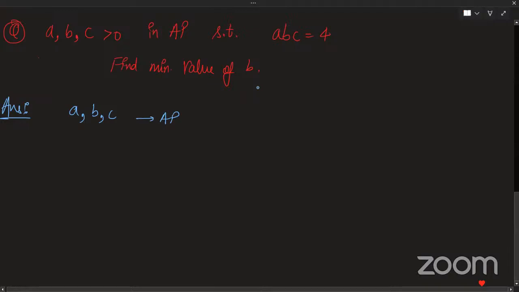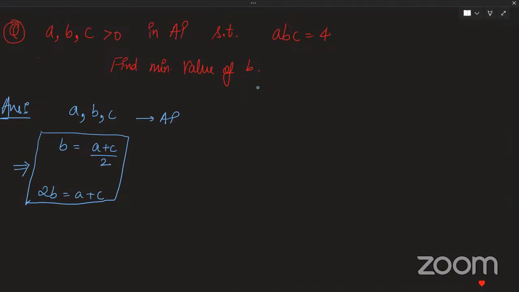Sir, B is equal to A plus C by 2. Yes, correct. In other words, we generally say that 2B is equal to A plus C, right? Both of these are equivalent actually, right? Yes, sir.